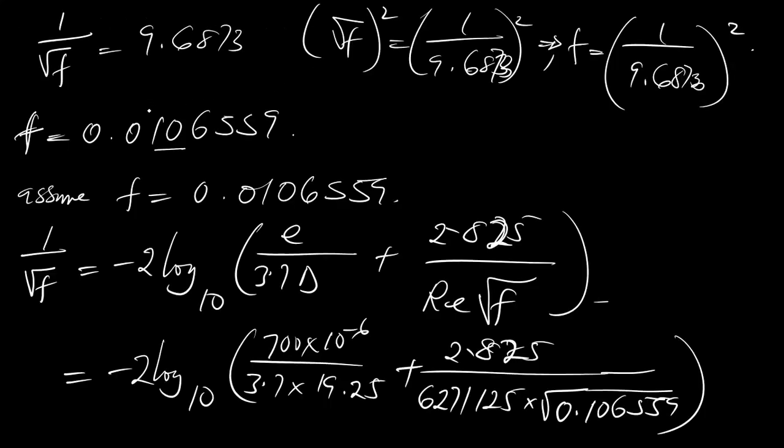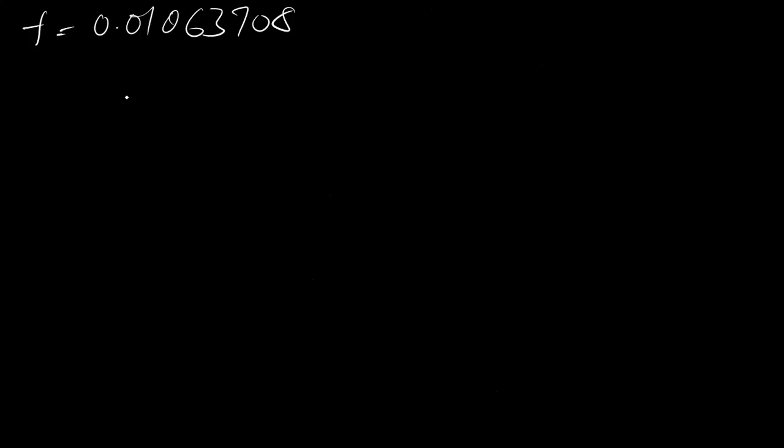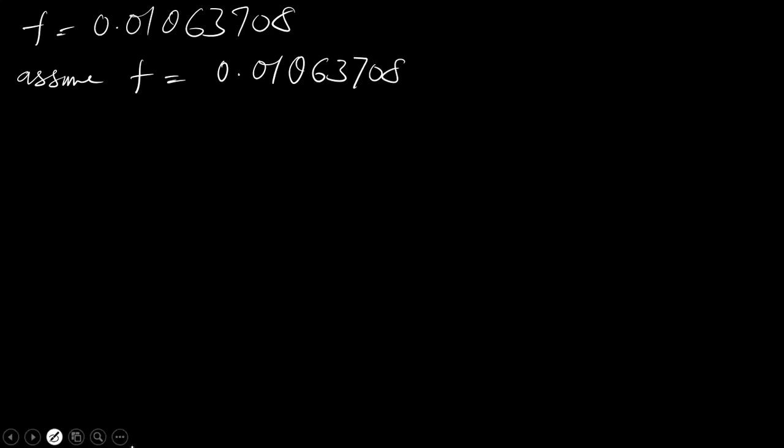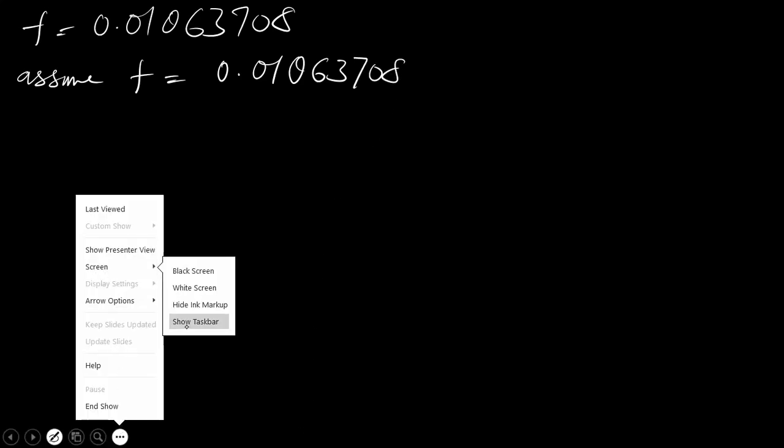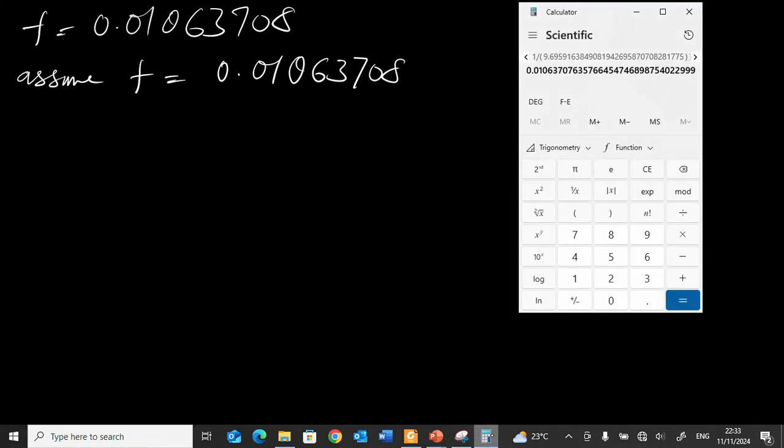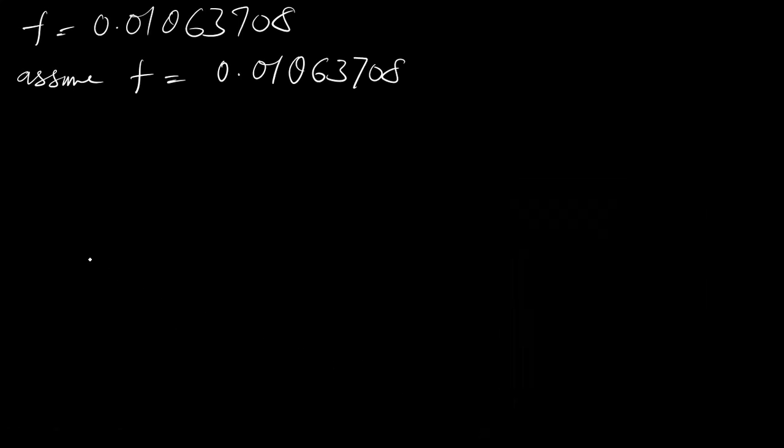Since this value is different from the previous one, let's do the next iteration. So we're going to assume f to be equal to 0.01063708. Let's look at our calculator to see if what we wrote is correct. It is okay, correct. So I will assume this value.